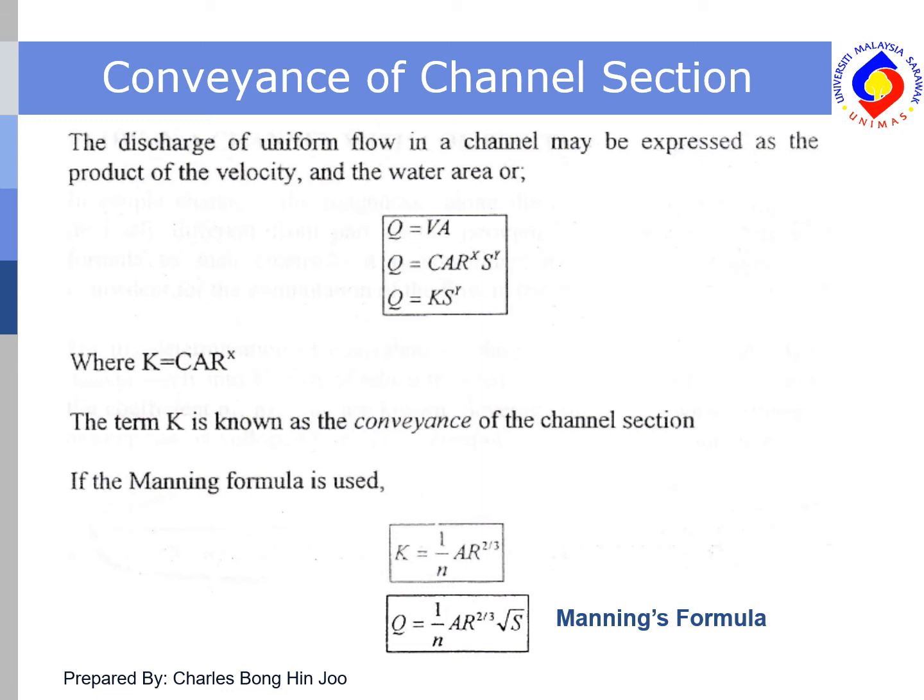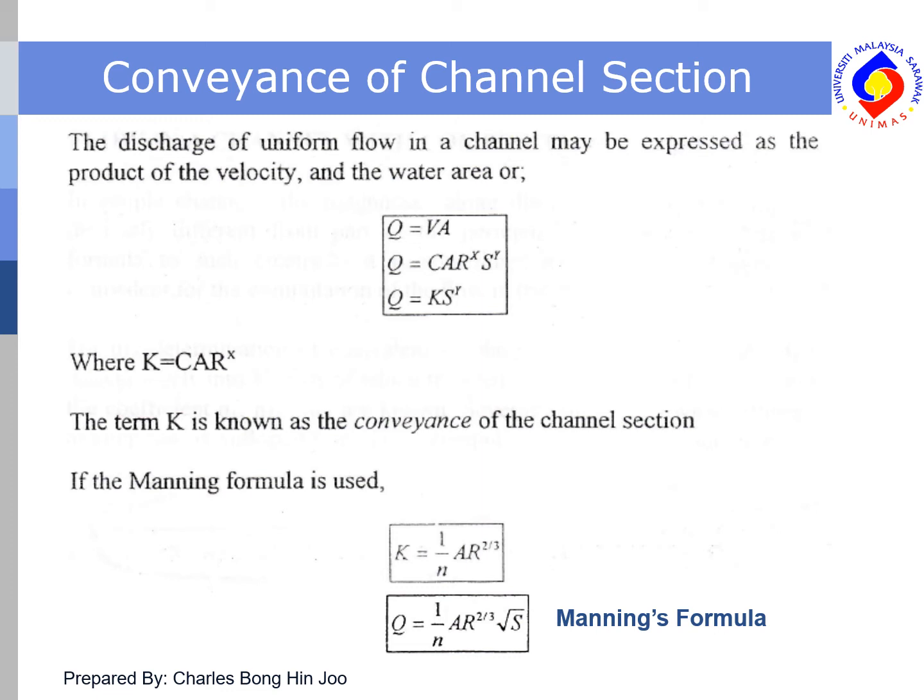As we have seen earlier, V can be expressed in the form of C R to the power X and S to the power of Y. However, if we take K equal to CAR to the power of X, then the expression can be simplified to become Q equal to K S to the power of Y.